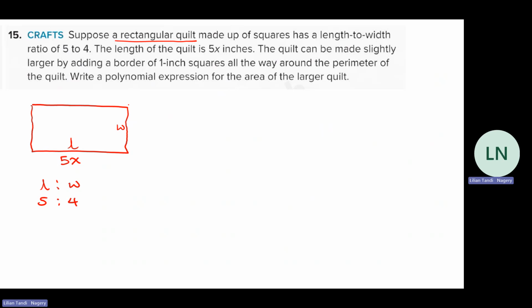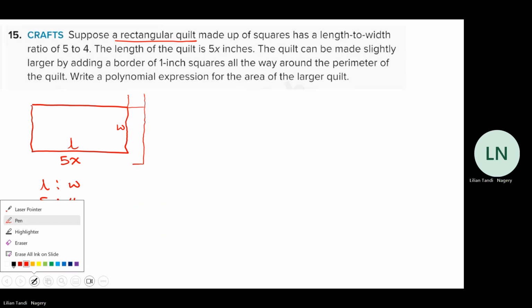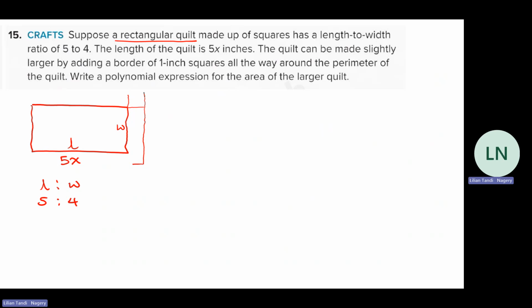Write a polynomial expression for the larger quilt. So we increase this by 1 and we increase this by 1. So the new rectangle will be here, like this. I should use another color. So the new rectangle, the question says we should increase by 1.